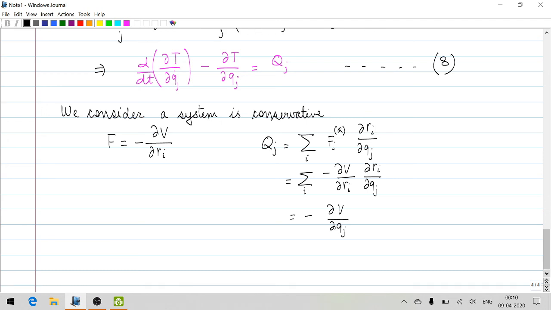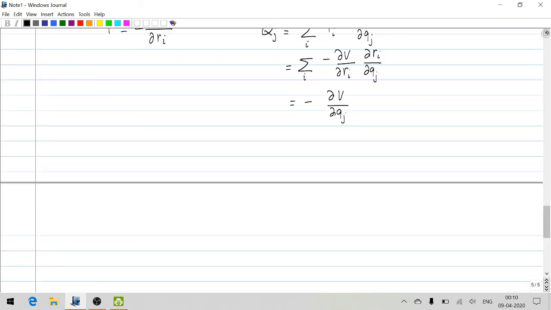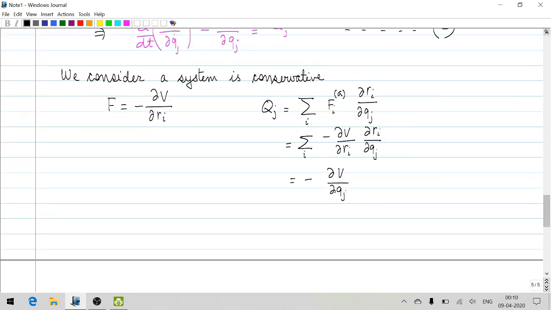So now I'll substitute this in equation 8. But before substituting this in equation 8, I would just add one more thing out here. Qz is minus of dou V upon dou qz.